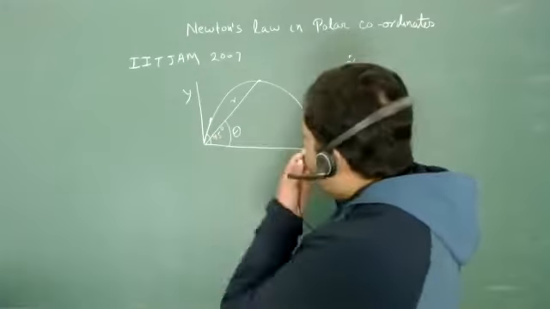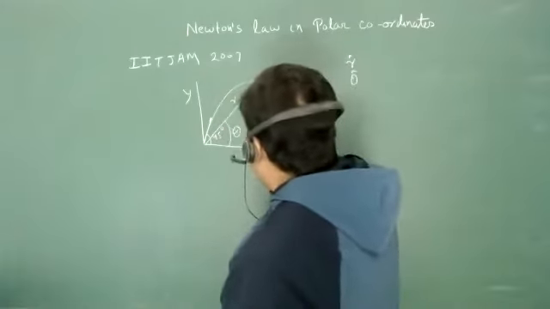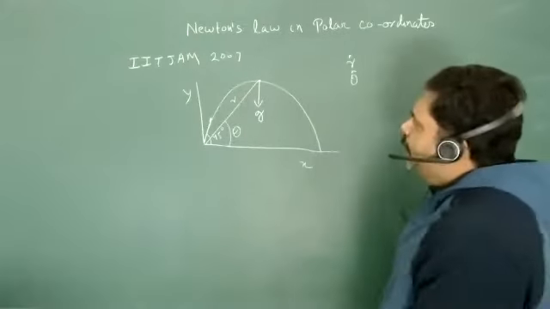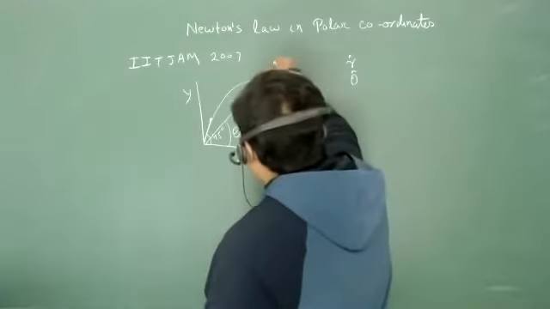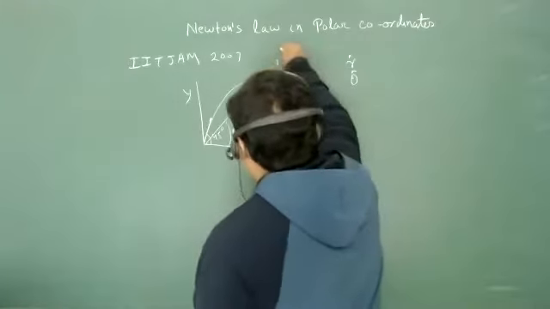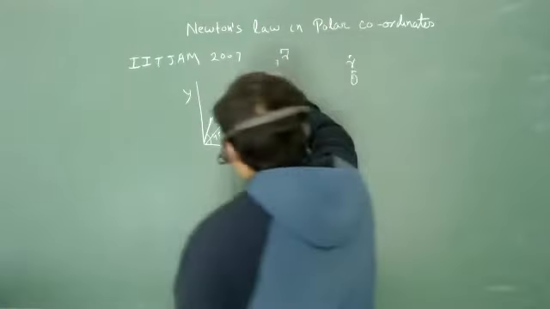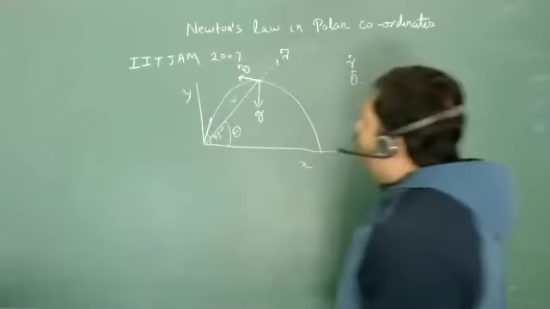Now, what is the direction of gravity? This is the direction of gravity. And we have to give the direction of r cap. This is the direction of r cap, and this is the direction of theta cap, according to our notation.